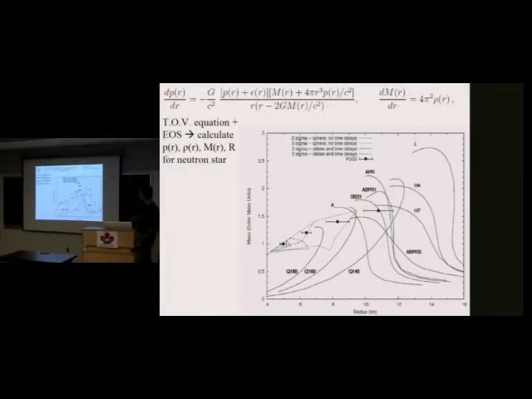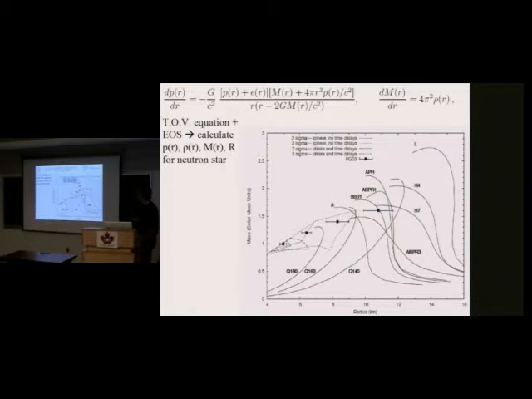So you have a whole set of these curves for any given total mass and outer radius, and given the equation of state, you can only get a one-dimensional set of solutions to this equation.